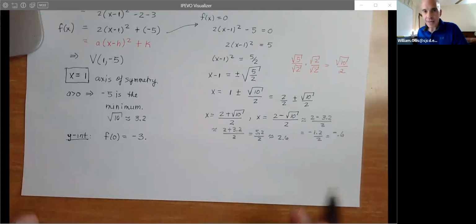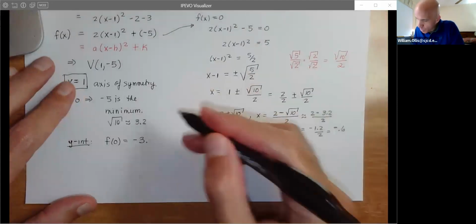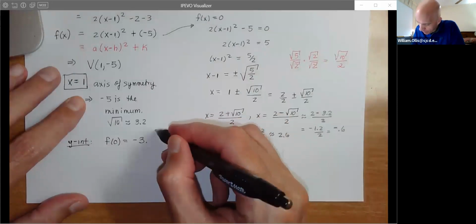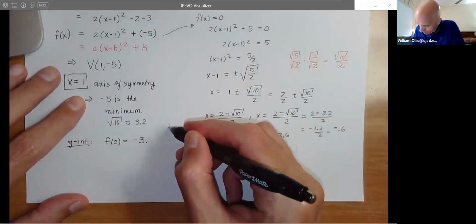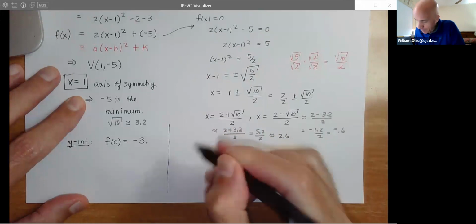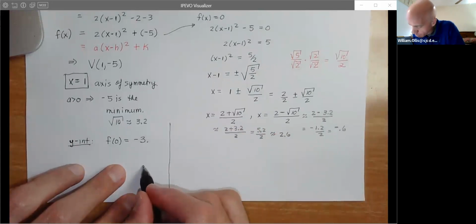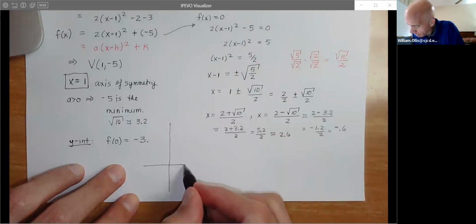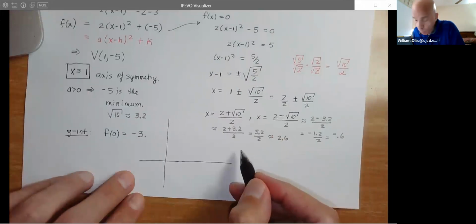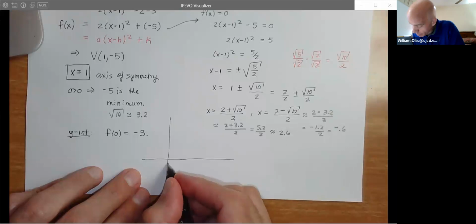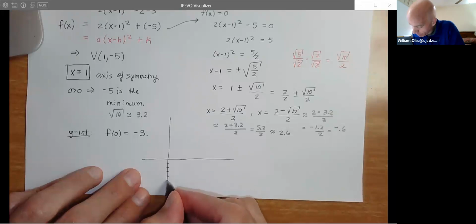So if we want, like I say, a cheap graph, let's just do a cheap graph. So here, we want to go down to -5, so I'll have a little space here. So we'll do 1, 2, 3, 4, 5.